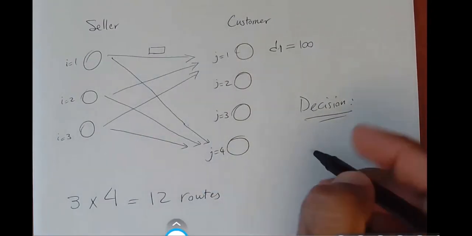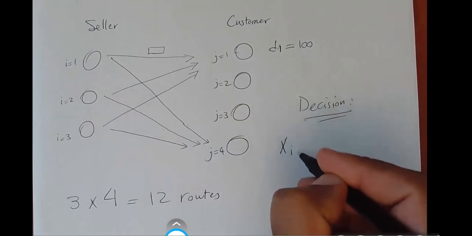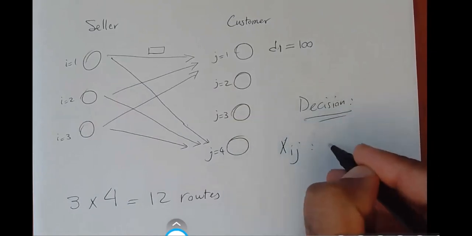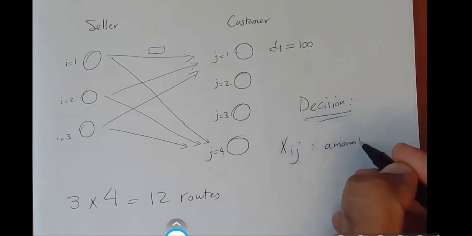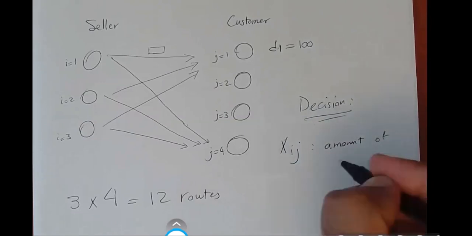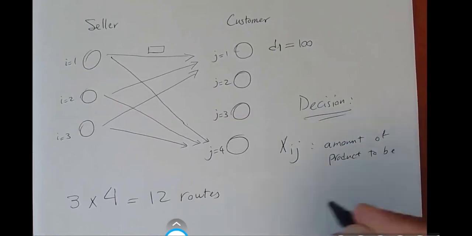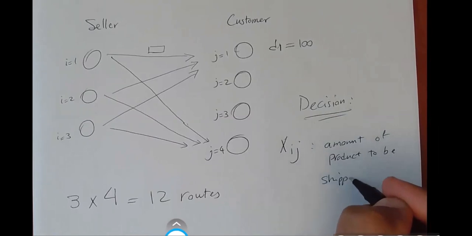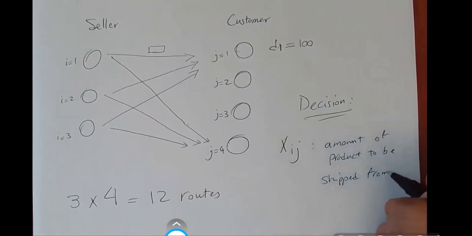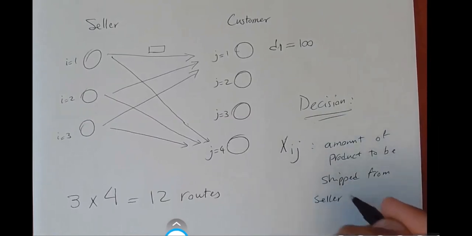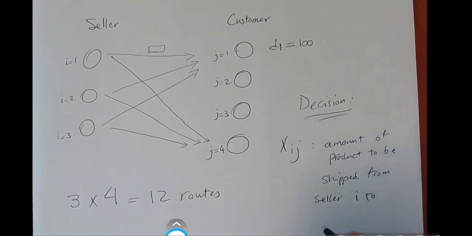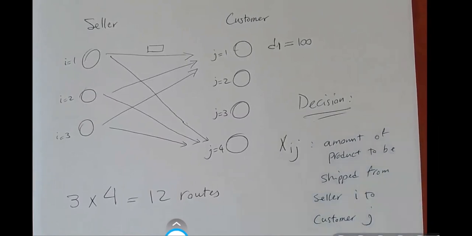All right. The decision that we want to make, we're going to call it Xij, the amount or quantity of product to be shipped from seller i to customer j, from origin i to destination j. This is the decision that we have to make.